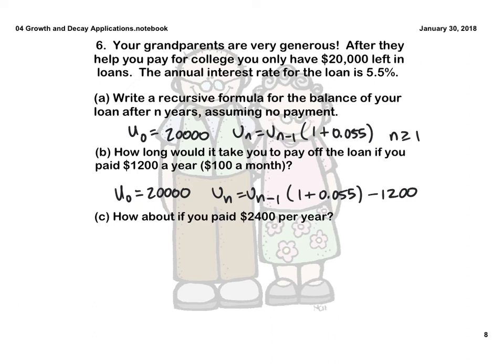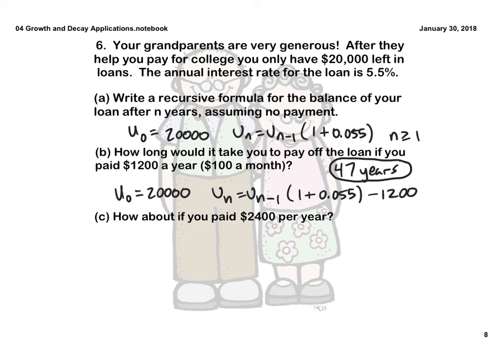Now, it's not decreasing by $1,200 every single year simply because of the interest that you're paying the bank. But as you scroll through your table, at year 47, the amount is negative. And that means that you have finally paid off your loan.